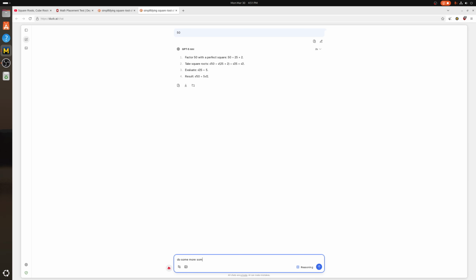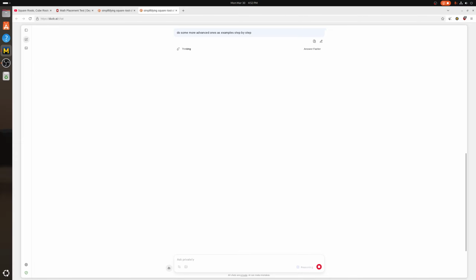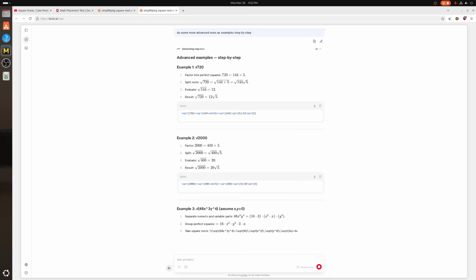Some more complicated ones. Factor into perfect squares. 720 equals 144 and 5. 144 and 5.